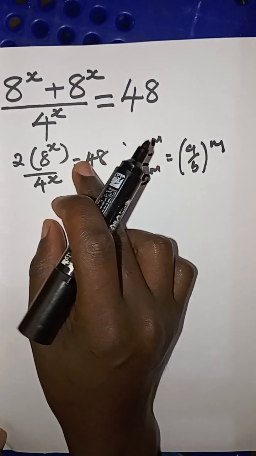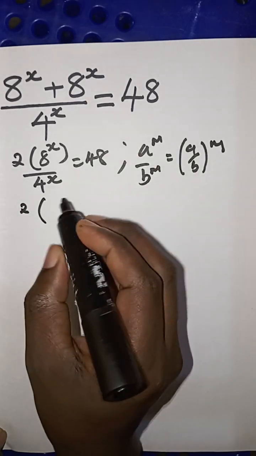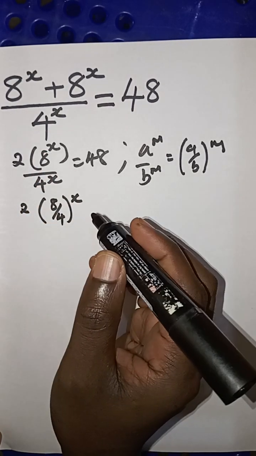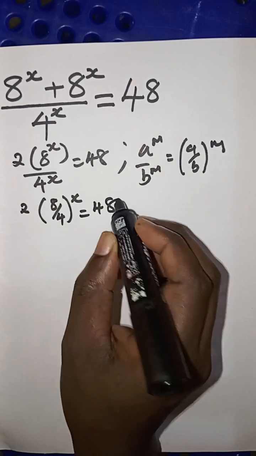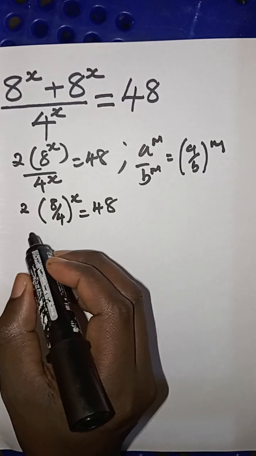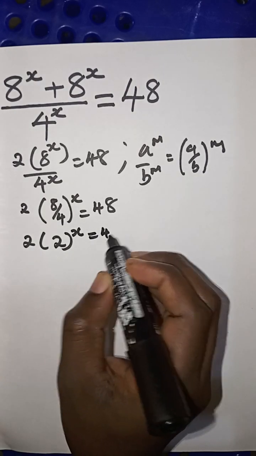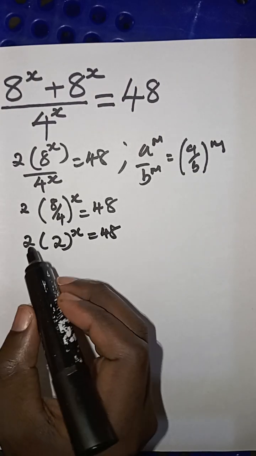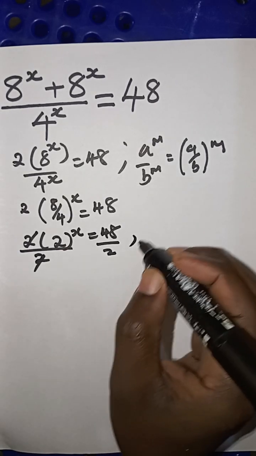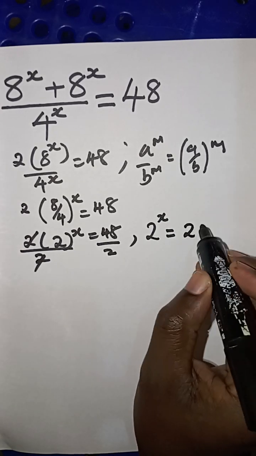Applying this here, I get 2 in bracket 8 over 4, with x outside, equal to 48. Well, I know 8 divided by 4 gives me 2, so 2 times 2 raised to x is equal to 48. Then at this stage, I'm going to divide all through by 2, so that I now get 2 raised to x equal to 24.